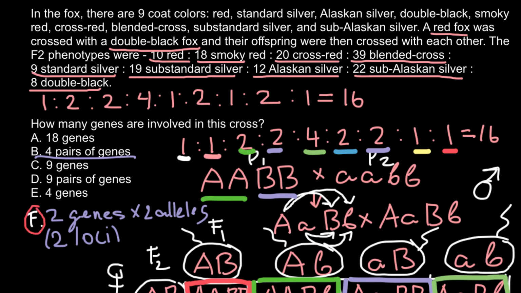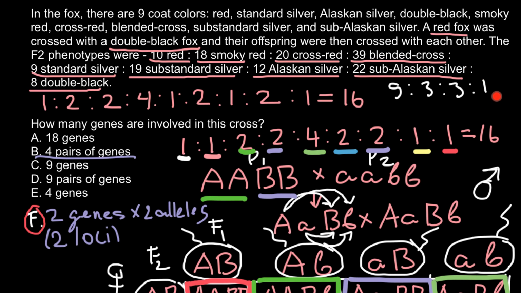And one more comment: when you see such a complex problem, start with finding ratios. For example, in the classical dihybrid cross from your textbooks, you probably remember the ratio 9 to 3 to 3 to 1.